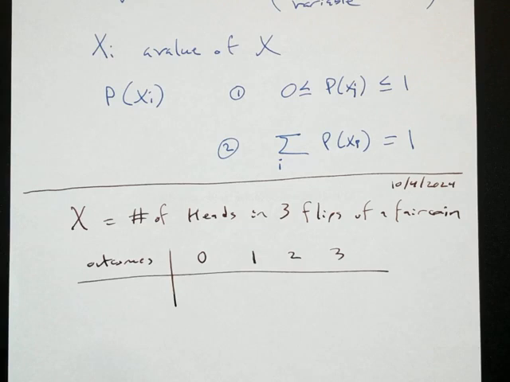I need a sample space. And if I can write out the sample space, then I can figure out the probability of each event by counting the number of favorable outcomes in my sample space.